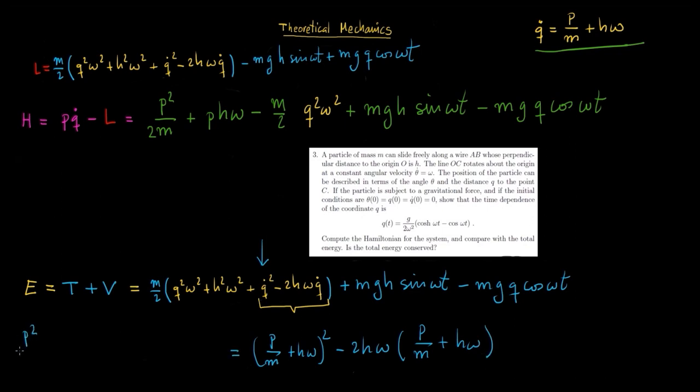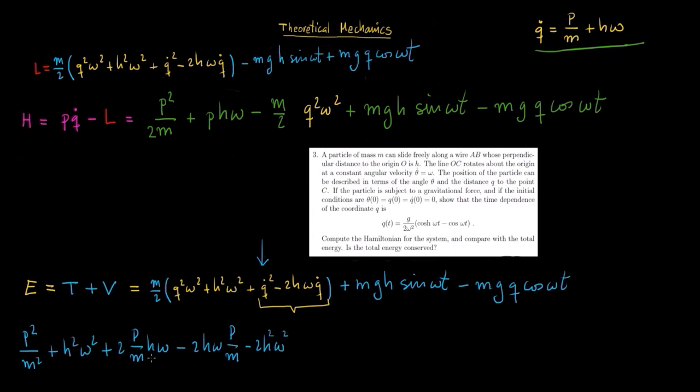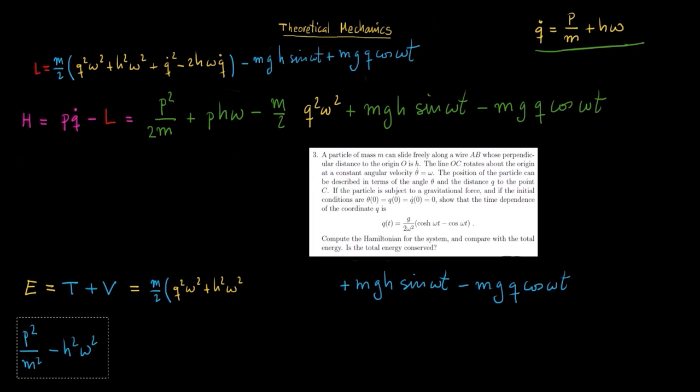Let's expand this expression: p squared over m squared plus h squared omega squared plus 2p over m h omega minus 2h omega. Let's delete p over m minus 2h omega h squared omega squared. Both these terms vanish, and 1 minus 2 equals minus 1, minus h squared omega squared. The q dot part of the yellow expression is this with a plus.